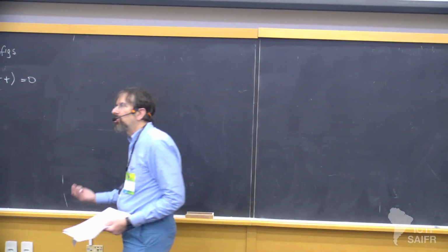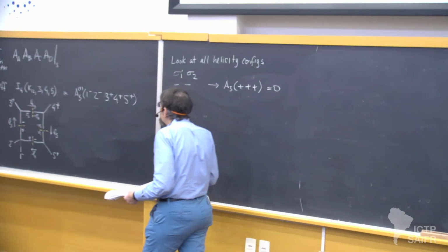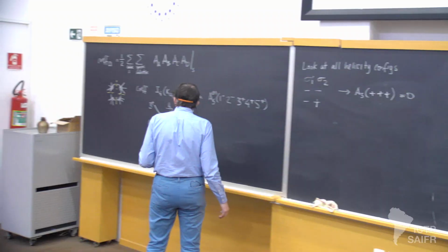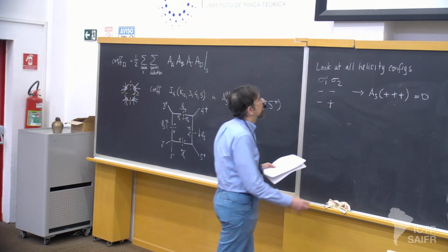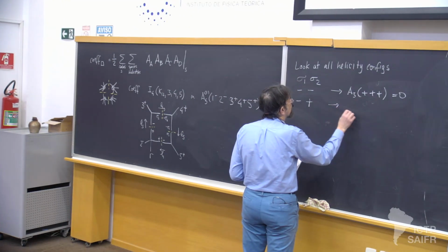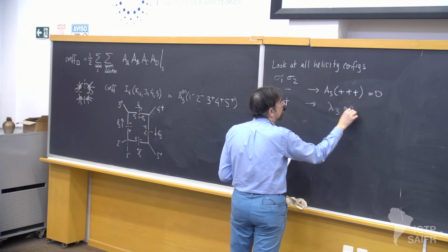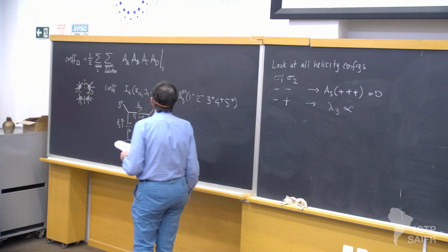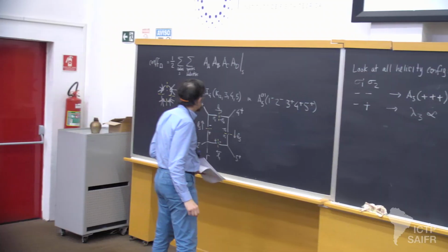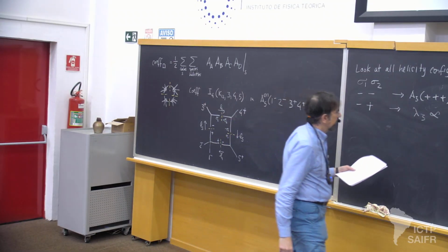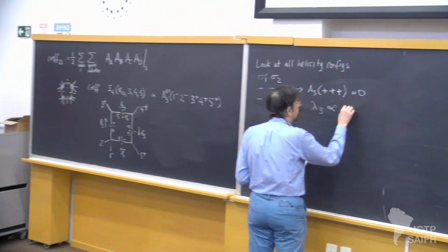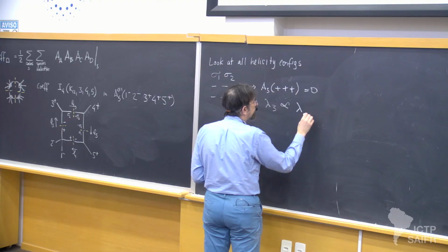And the interpretation of that is that the angle spinors are collinear. They're proportional. So this would require, among other things, that lambda 3 be proportional to the angle spinor that's attached to L4.